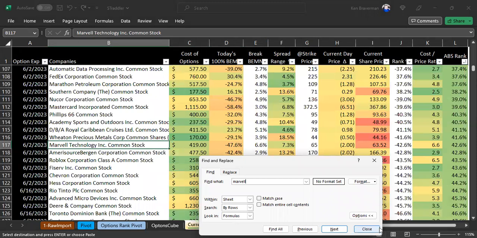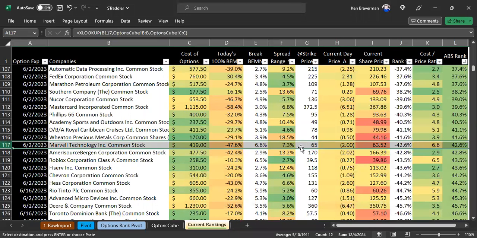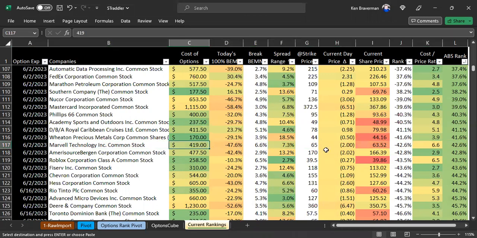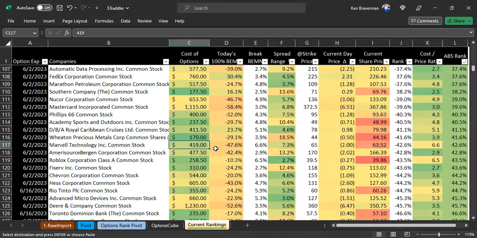Today it shows up down here. It's got a bad ABS rank now. You know why? Because they only moved $2 today. Things have slowed down for them, and they're still $419, or at least they were. They're probably less than that now, but the price had essentially gone up.